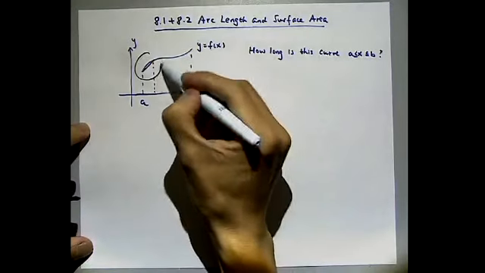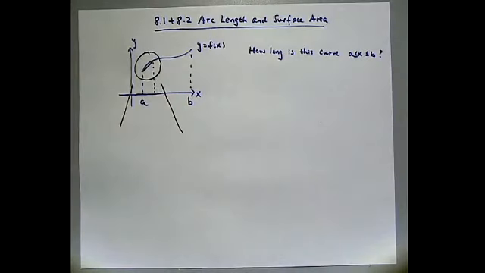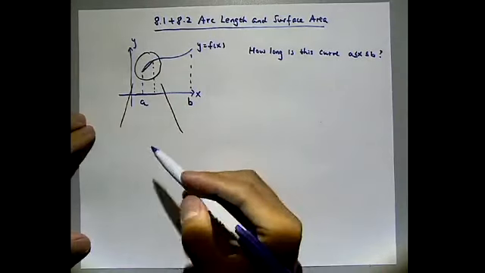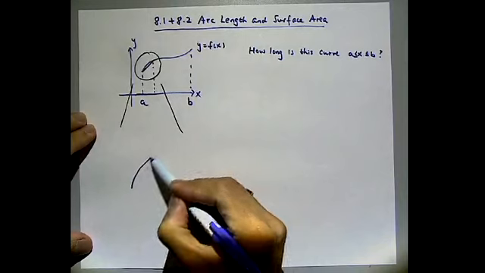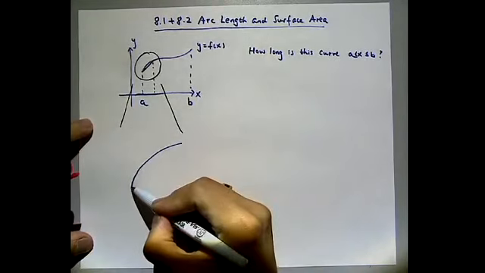So let me blow up this region here. And here's what we see. We see a curved line here, and then a straight line.